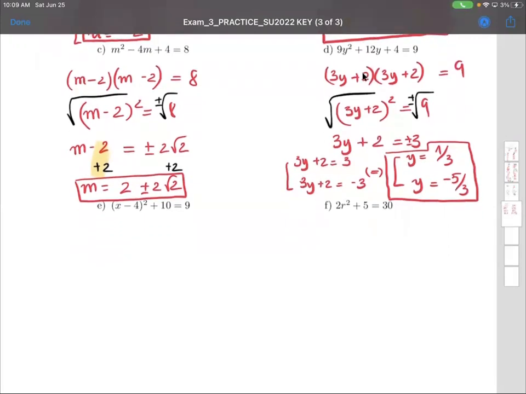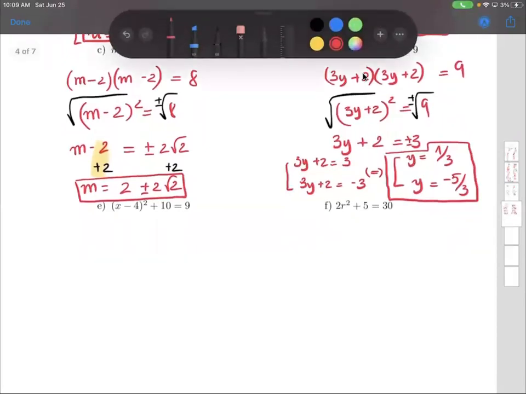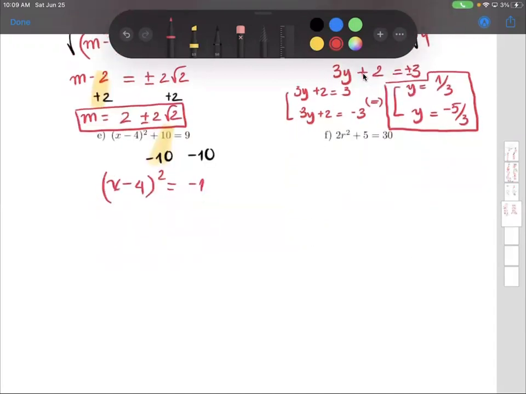E. Again, you need to isolate the square, the perfect square. So subtract 10. So I have (x minus 4) squared equal negative 1. You don't know any imaginary solution.